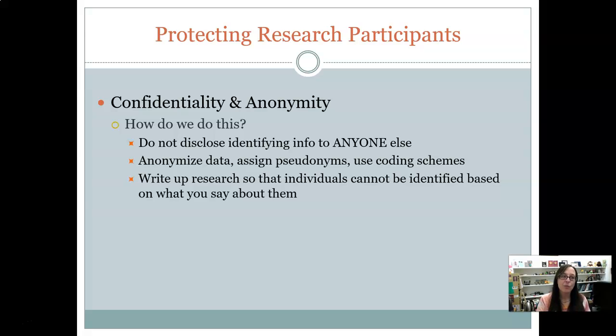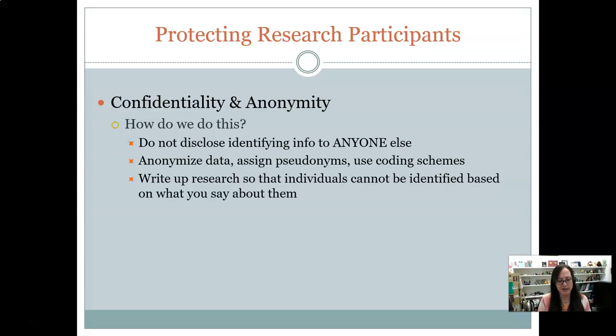And then when the research itself is being written up, especially within cases of qualitative data where you're maybe only doing a case study or talking to a small group of people, you want to write up the research so that your participants can't be identified based on what you're saying about them. So if you're like, well, I'm going to call this guy John Doe, but I'm going to say all his demographics, like his age and his race and his ethnicity, gender, everything that's relevant.